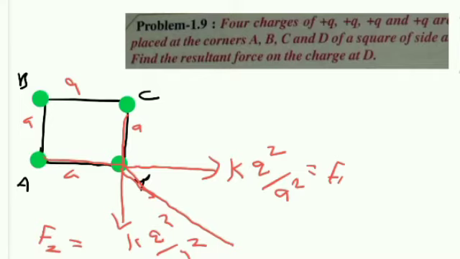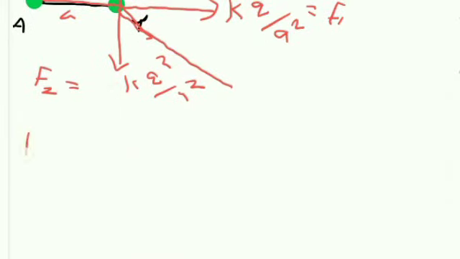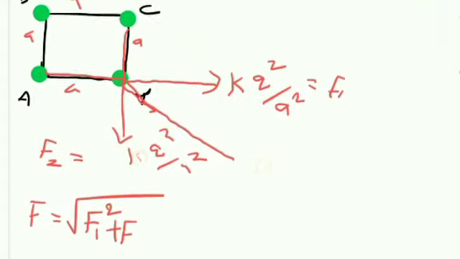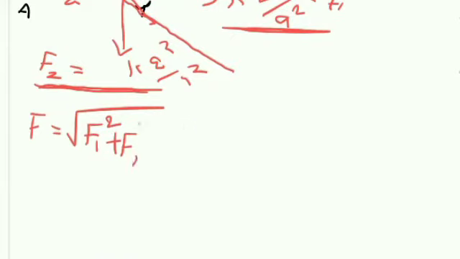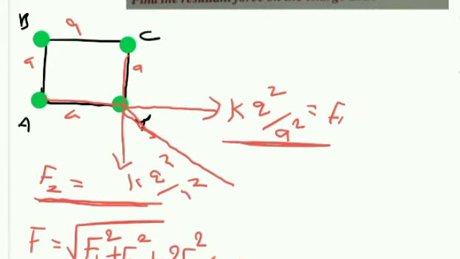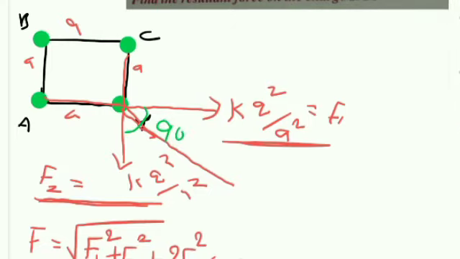The resultant force F is equal to root of F1 square plus F2 square plus 2 F1 F2 cos theta. F1 is equal to F2, and the angle between the two vectors is 90 degrees.